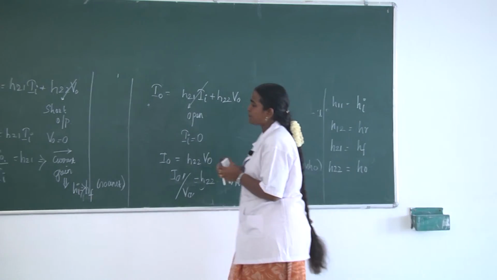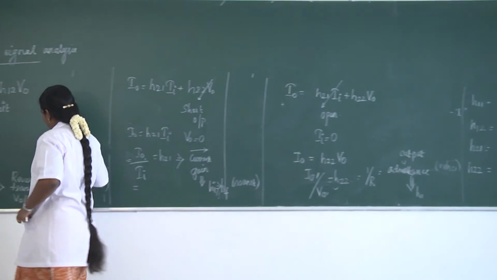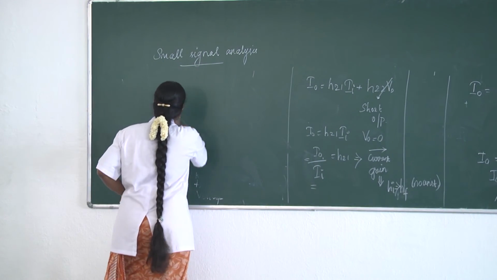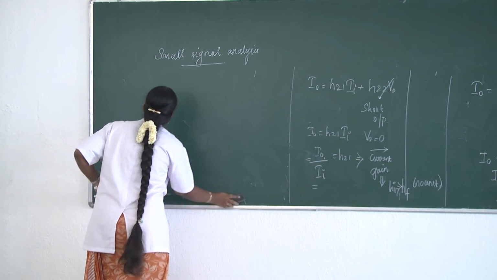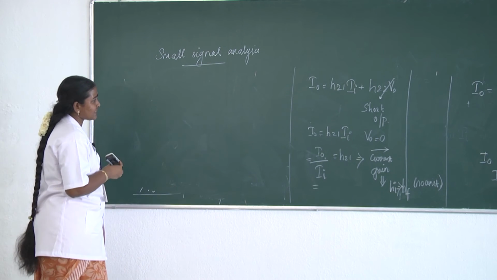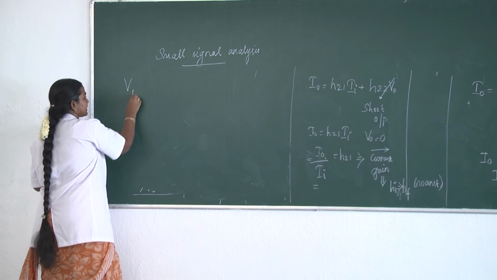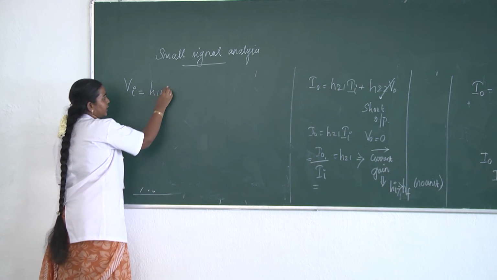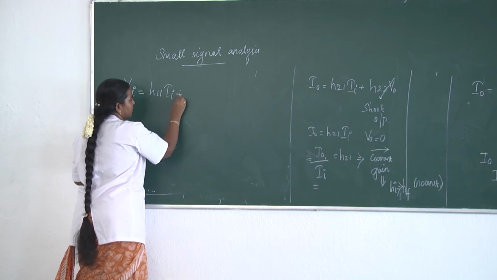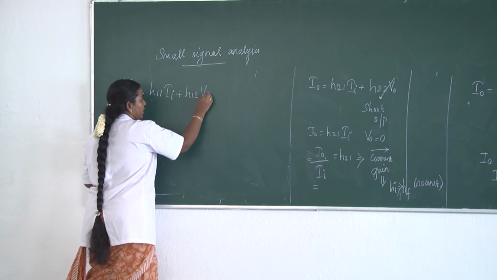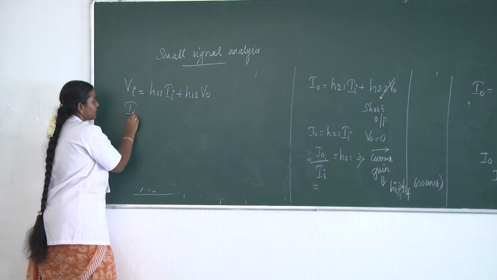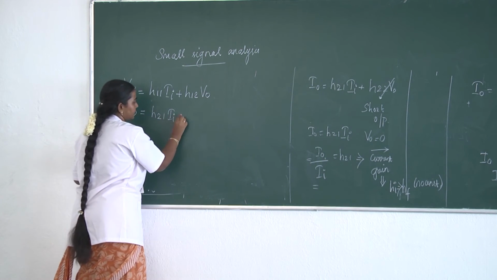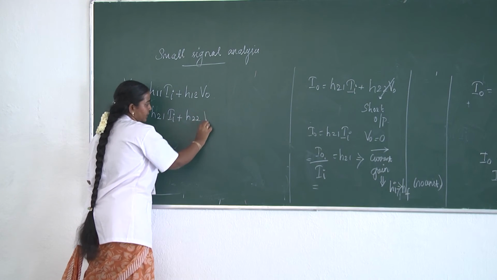So now we can replace the equation. We know that the first equation is nothing but Vi is equal to H11 into Ii plus H12 into Vo, and the second equation is nothing but Io is equal to H21 into Ii plus H22 into Vo.